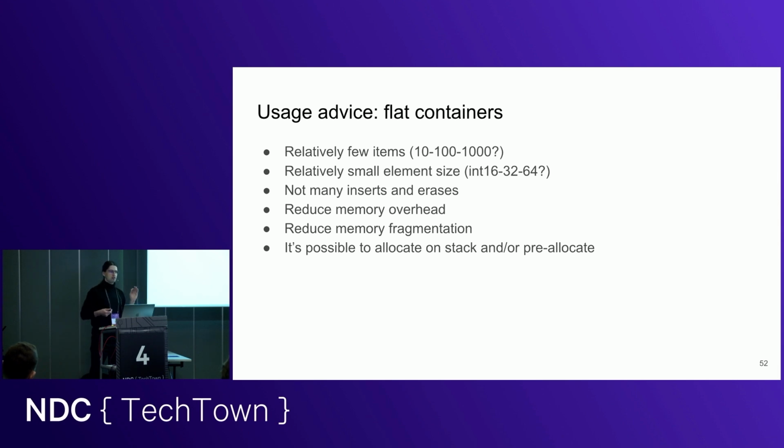It depends, but it's recommended that you have a relatively small number of elements for this container. Then relatively small elements themselves. It doesn't perform well if it's even a mid-size POD in general, but it can be good. It depends on how you utilize the properties of those structures.